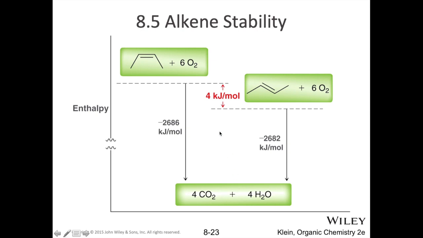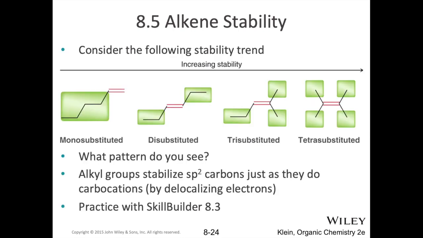Again, we can use this to quantify the stability difference between the two isomers. The fact that the cis isomer gave off 4 kilojoules per mole more heat tells us that it's 4 kilojoules per mole less stable. With that in mind, the other thing to notice when it comes to stability of alkenes is that more substitutions actually increase stability.